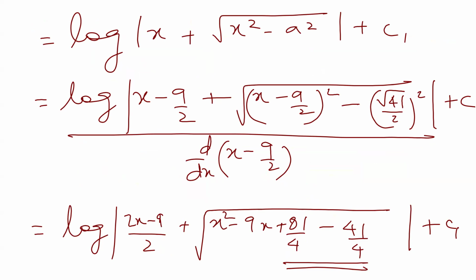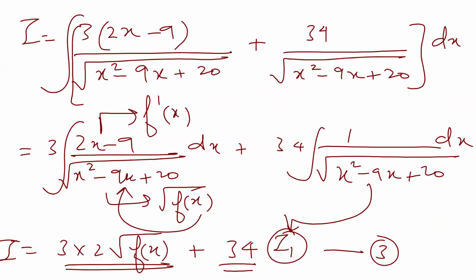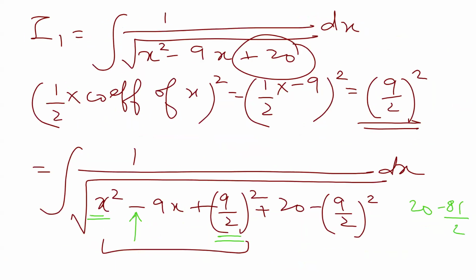So that is 40 upon 4. One second. I1, let me check this I1 once again. Oh yes, this will be 81 by 4. Okay, this has to be 81 by 4.